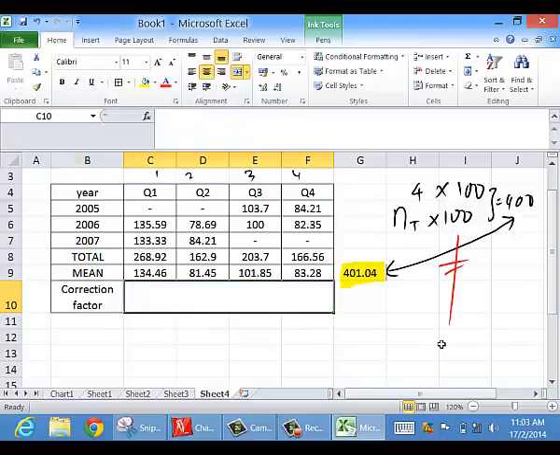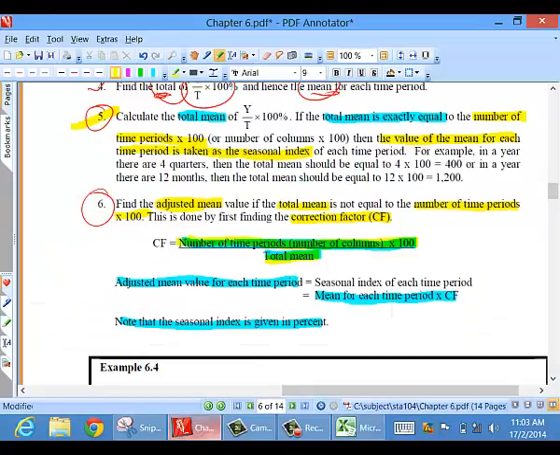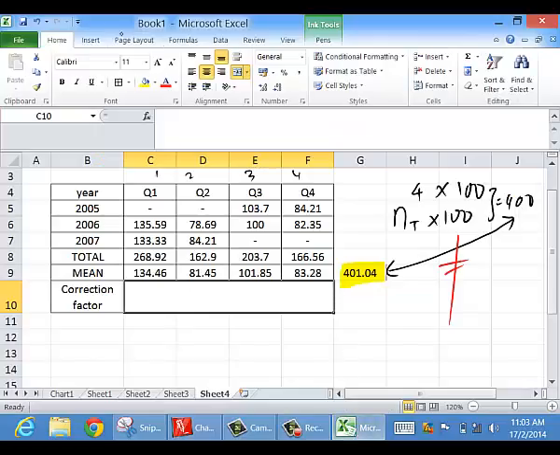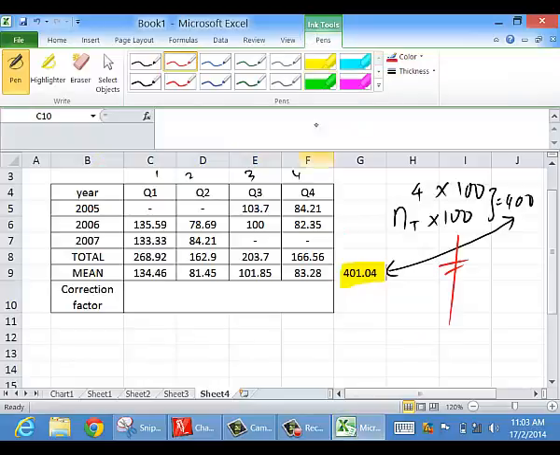So the formula for correction factor is this: number of time period multiplied with 100 divided by total mean. So number of time period 4 multiplied with 100 divided by total mean 401.04.